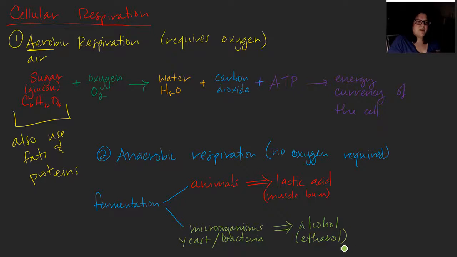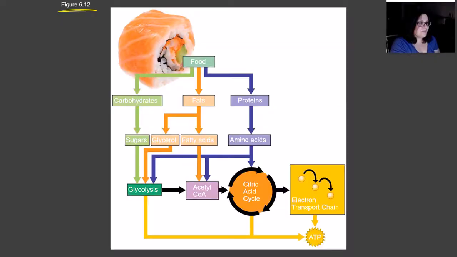Imagine that if we fermented alcohol when we worked out, the world would be a very different place, I imagine. So aerobic respiration requires oxygen, anaerobic does not. There's an image again. All right, so a lot of cellular respiration, the important parts that I care about, occurs in the mitochondria.